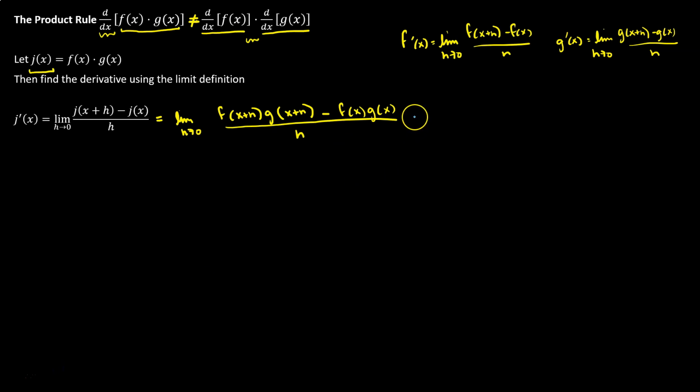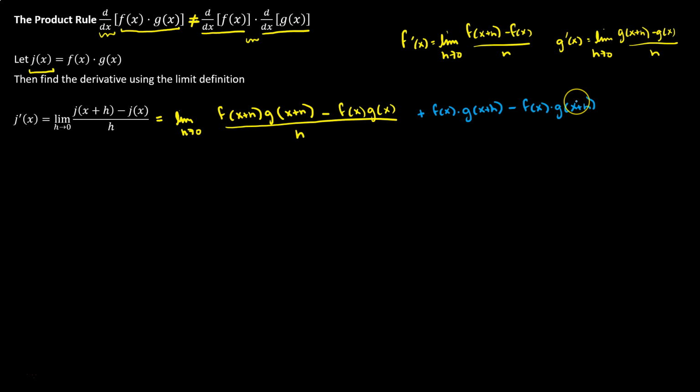And the first thing that we're going to do is add and subtract the term f of x times g of x plus h. So I'm adding it here first. I'm also going to subtract that exact same term.